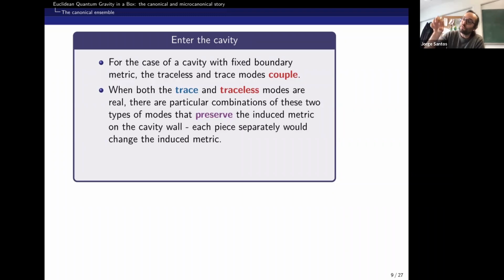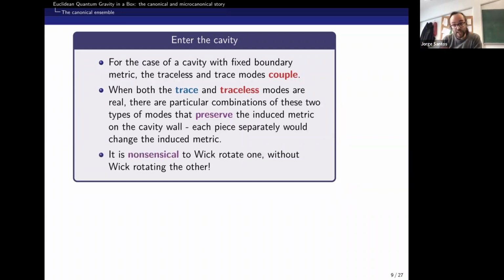But this is a problem, because if you Wick rotate one, you should also be Wick rotating the other, or else 1 plus i doesn't cancel. It's only 1 minus 1 that cancels, not 1 minus i. So you cannot Wick rotate one without Wick rotating the other. But this scares you, because all of the procedure that we've seen before was based on this Wick rotation, which we can no longer perform.